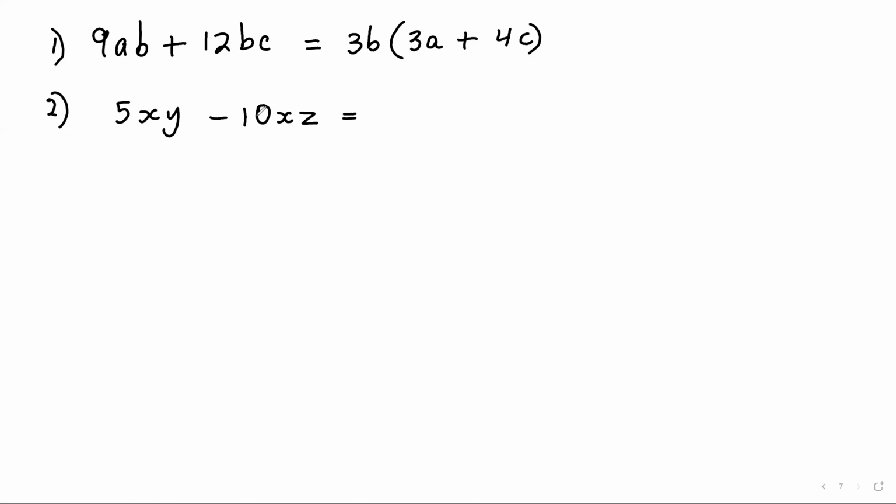The highest common factor between 5 and 10 is 5. And then between xy and xz it is x. So 5x times y will give me 5xy, and 5x times minus 2z will give me minus 10xz. All right, so same principle, guys. It's just that you have to use it piece by piece.